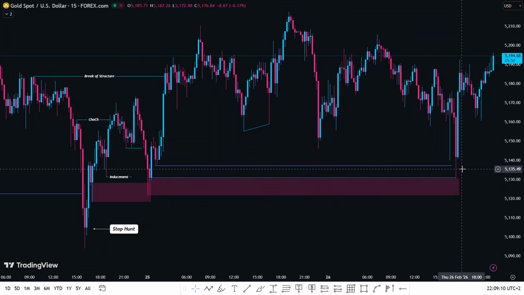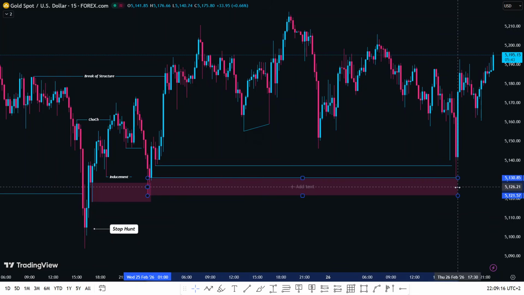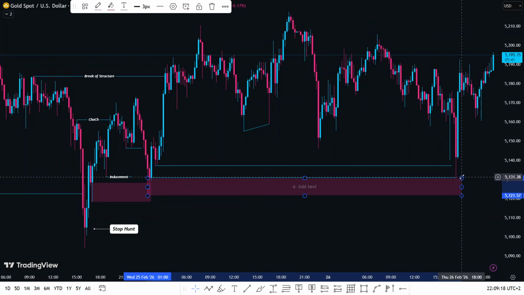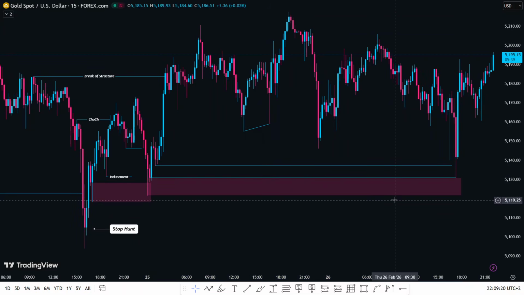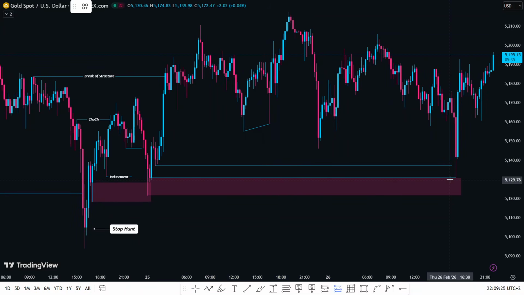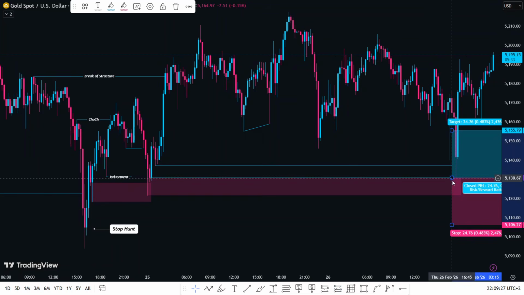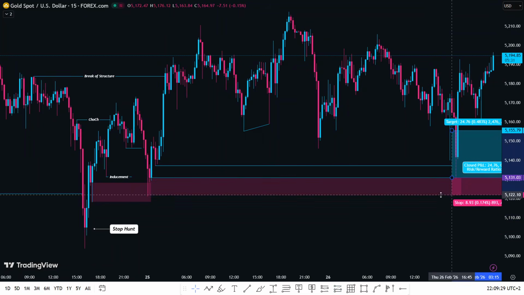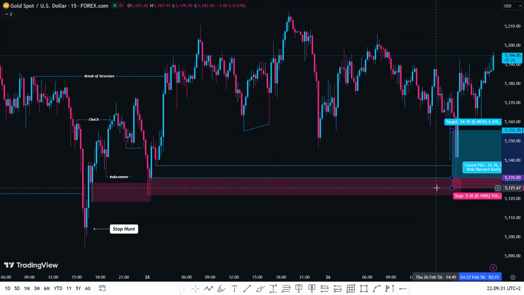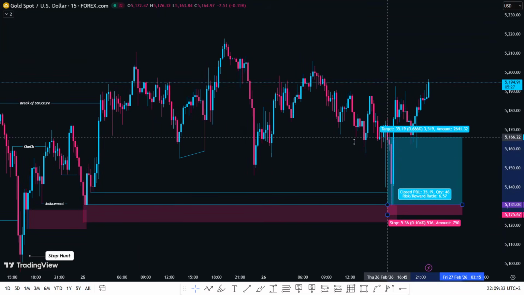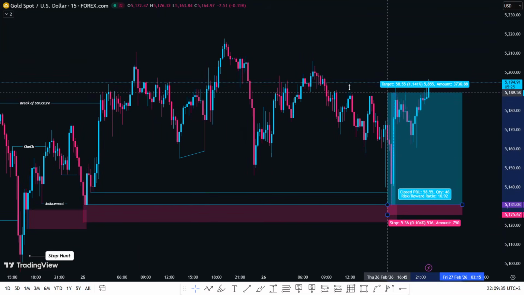If you are using gold and want to enter with a market order, you can use a 50 pip stop loss minimum, because you can see gold right now is very volatile. Target the equal highs.